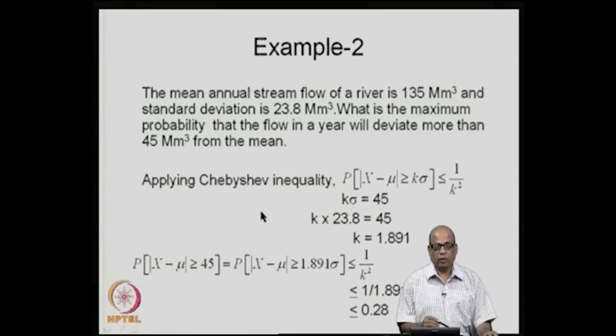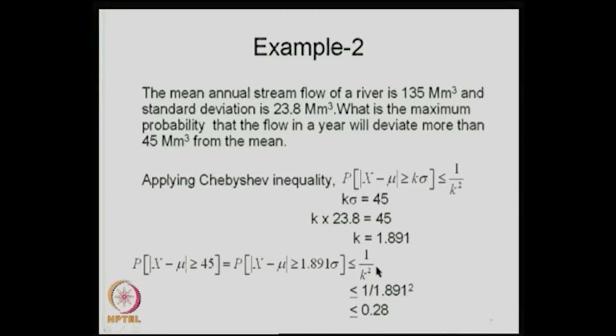And therefore, I write the probability of the absolute value of the deviation being greater than or equal to 45 as the probability of the absolute value of the deviation being greater than or equal to 1.891 sigma, and from the Chebyshev inequality this should be less than or equal to 1 by k square.